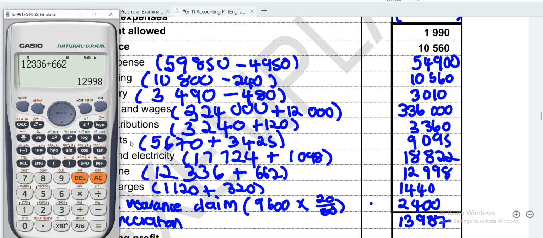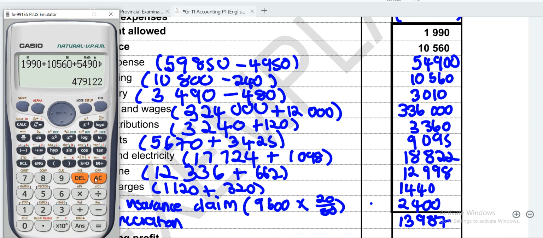So to calculate the total, we're going to say 1,990 plus 10,560, and then also plus 54,900, and then plus 10,560, and then plus 3,010, and then also plus 336,000, and then plus 3,360, and then plus 9,095, and then plus 18,822, and then also plus 12,998, and then plus 1,440, plus 2,400, and then also plus 13,987.